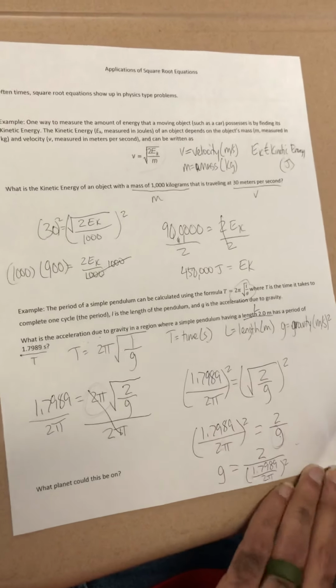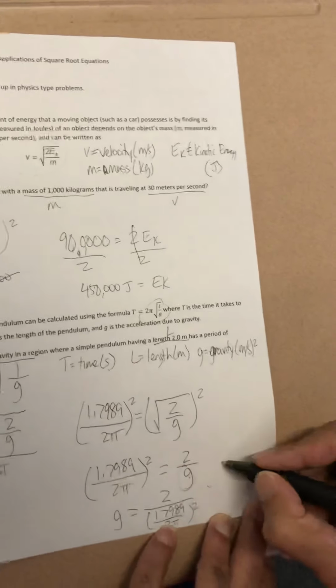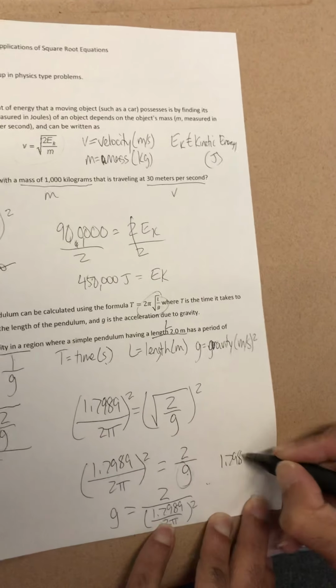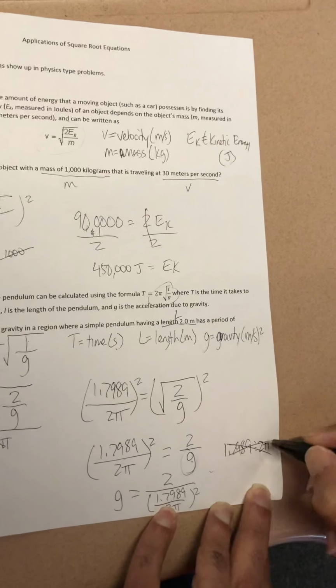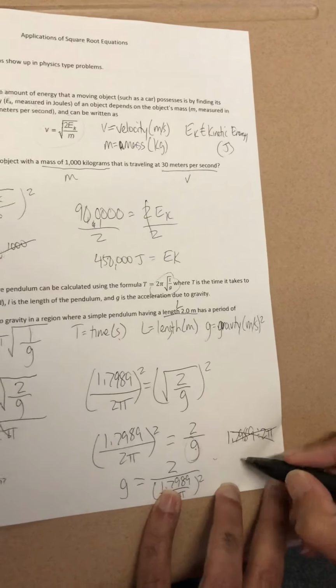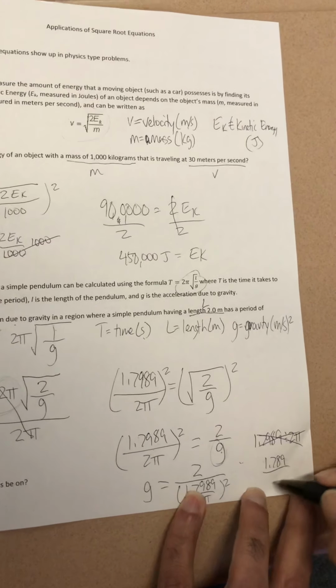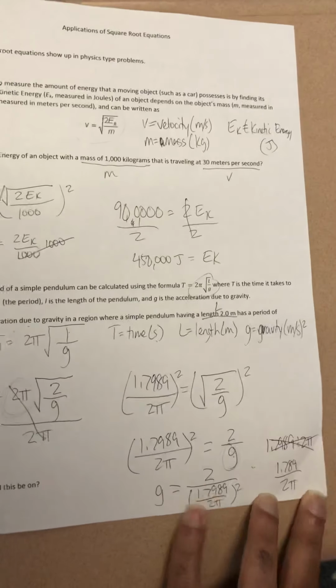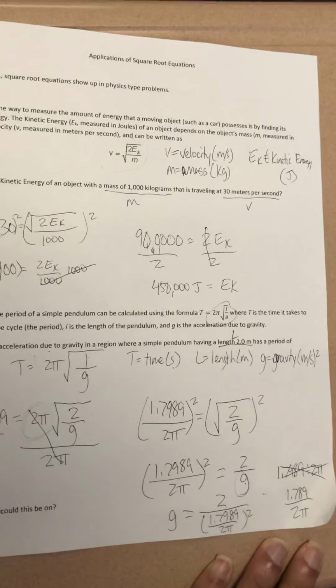Now, when you put this into the calculator, you cannot put 1.79 divided by 2 pi. That will not work. You must put it in as a fraction. And that's how you solve application problems.